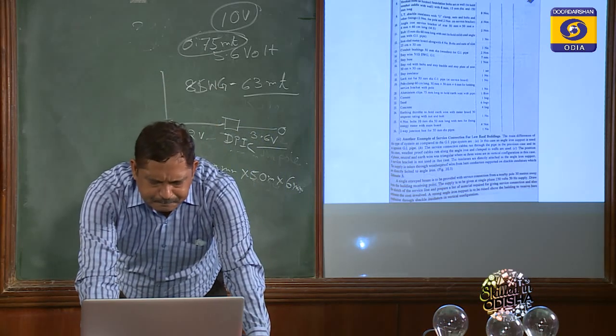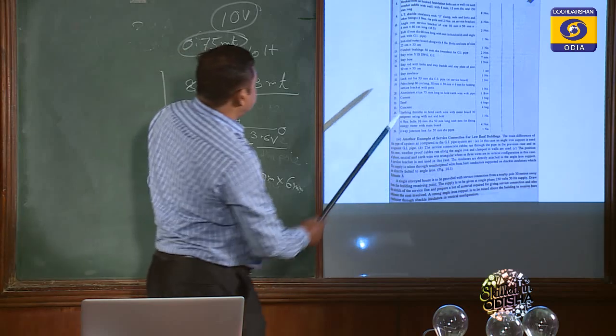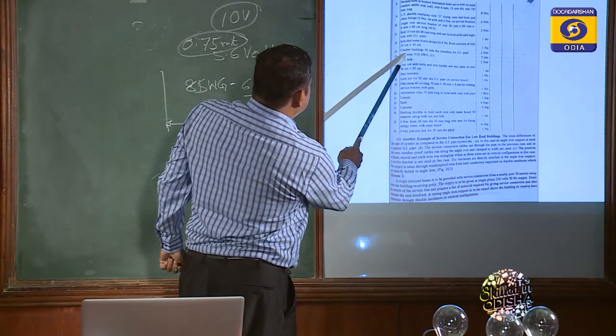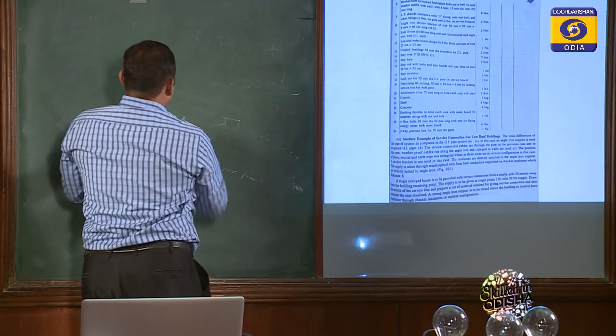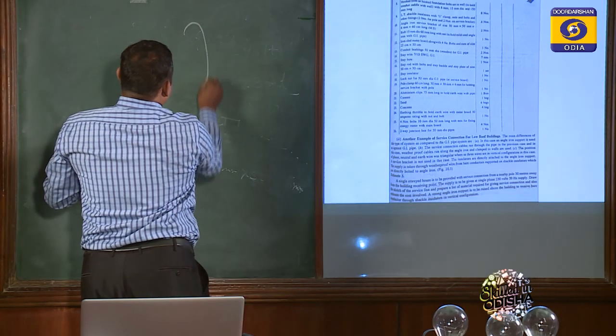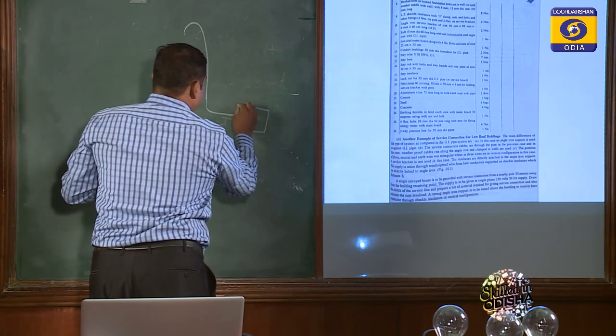So this is one thing which we find. Now we have come to this end. Another item is the ironclad IC meter board, 25 centimeter, 30 centimeter. Please remember these meter boards. Whenever the GI pipe comes to your household, it enters the meter board.